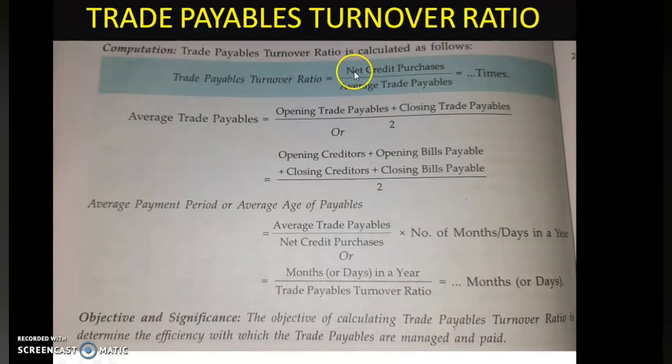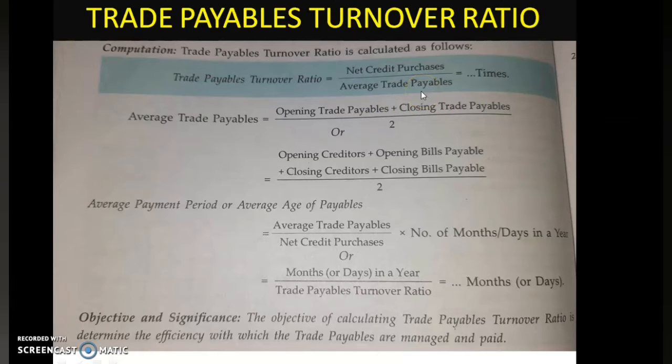The formula to calculate trade payables turnover ratio is net credit purchases divided by average trade payables. To calculate the value of average trade payables, the formula is opening trade payables plus closing trade payables divided by 2. What do you mean by trade payables?